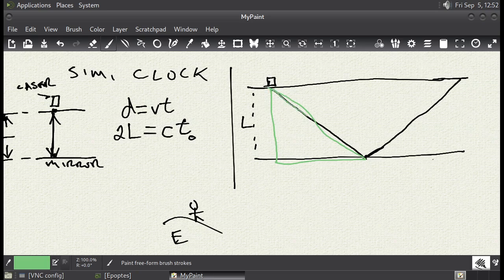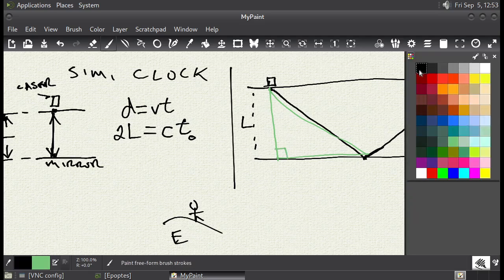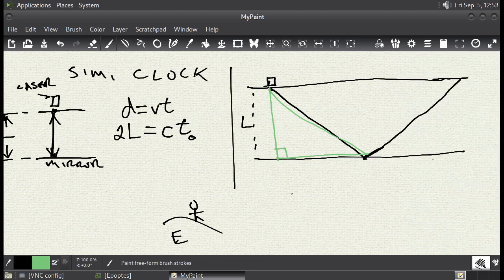Let me see if I can draw that again. Okay, straight line. Anyways, if this is a right angle triangle, then we should be able to use Pythagoras to solve it. Let's figure out how we do that.